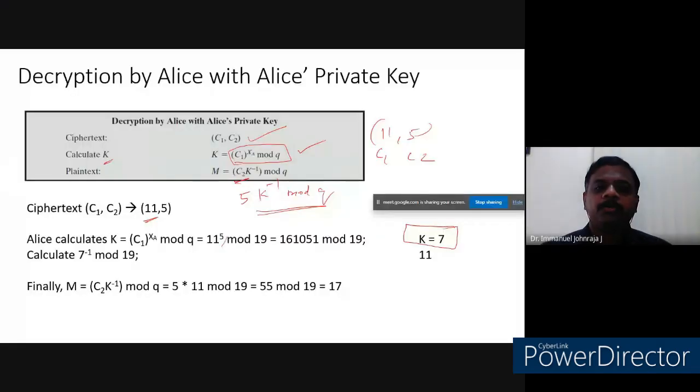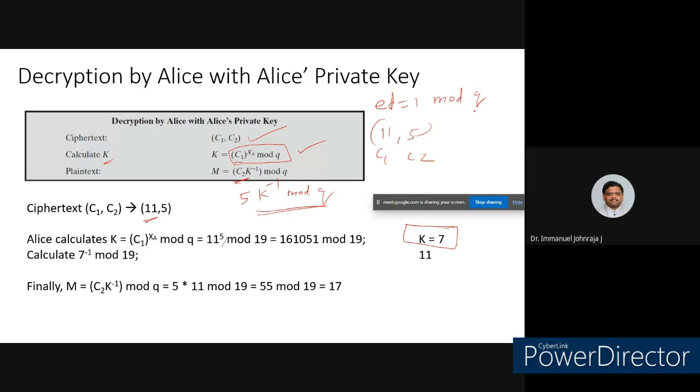Now, this is something you should remember from when we were doing the RSA algorithm. In key generation, we have this kind of multiplicative inverse. If you recall, we had a formula E times D is equal to 1 mod q. This is not part of ElGamal, this is part of RSA.